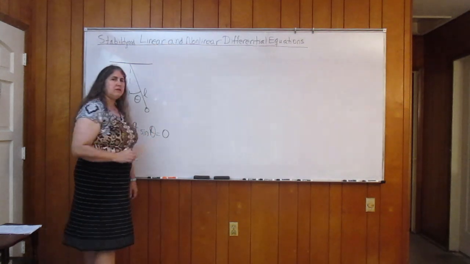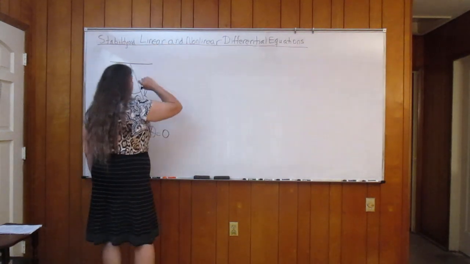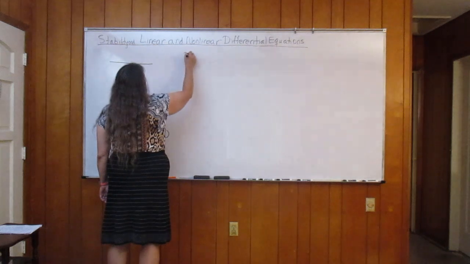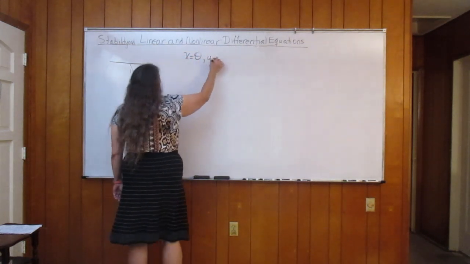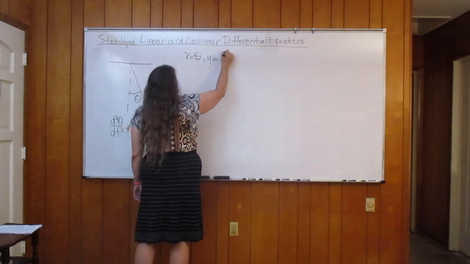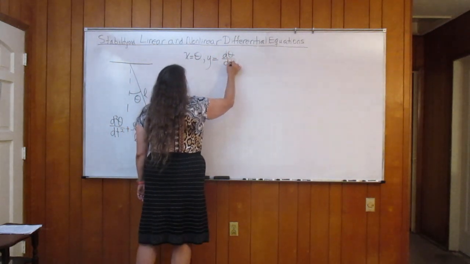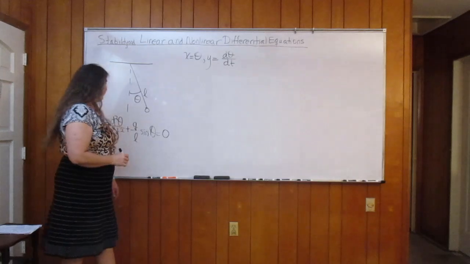So I'm going to take a little bit different approach. I'm going to introduce two parameters, first of which x is equal to theta, and y is equal to d theta by dt.